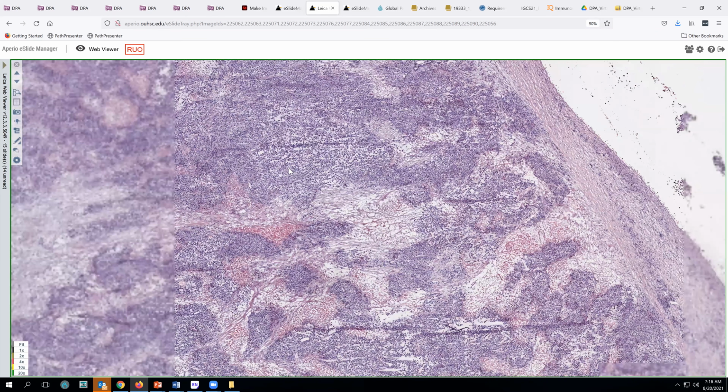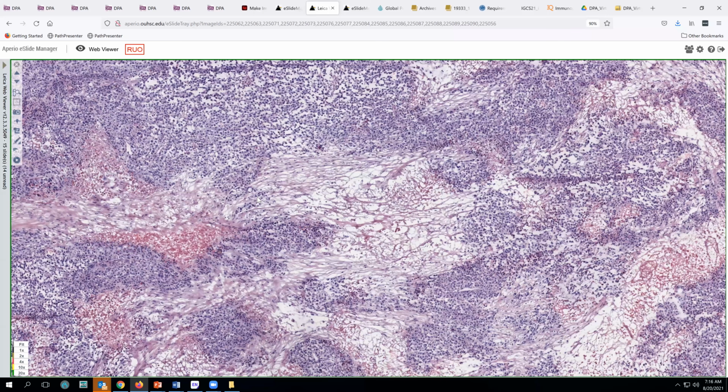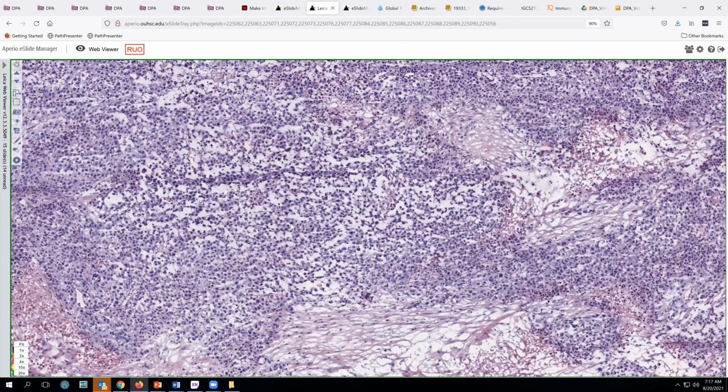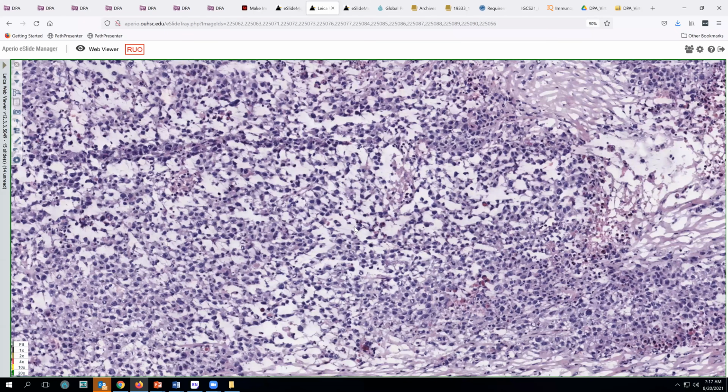And so we'll come in on higher magnification and let you see a little bit more about the nature of these cells. We don't see any specific architecture in this location. We do see some sort of separation, loosely cohesive cells.